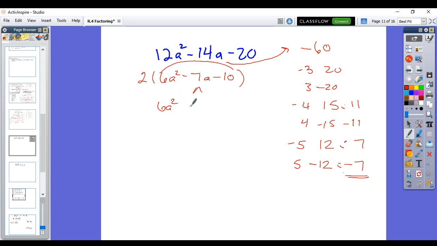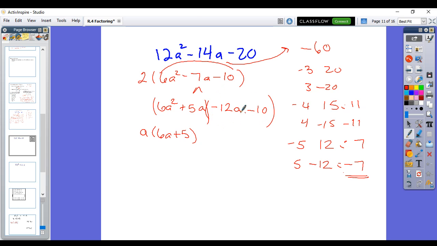So this will be split up. 6a squared plus 5a minus 12a minus 10. And we're going to group these two together and then these two together. All right, what can we factor out of 6a squared plus 5a? Just an a, leaving us 6a plus 5. What can we factor out of this?